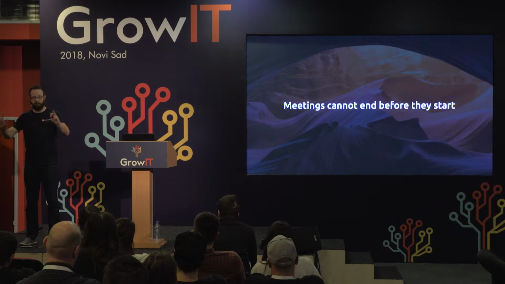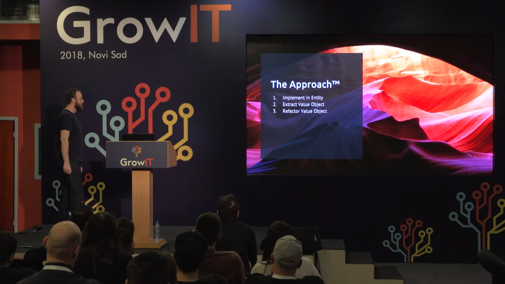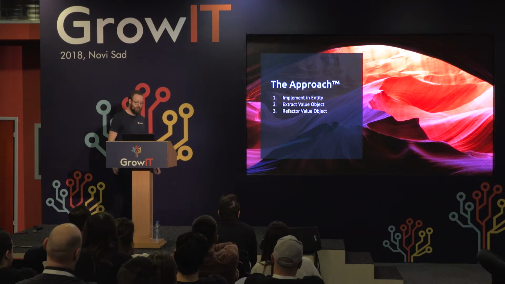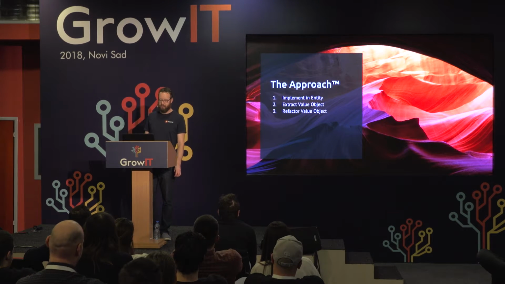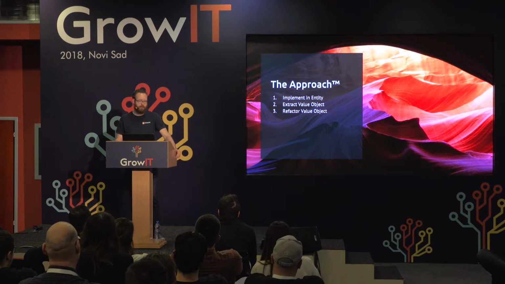But if there's still more time, we refactor the value object. And then we ship it. That's my approach. We implement, we extract, and we refactor. And we take the time to fix it, of course, but if there really isn't time, then we ship it.